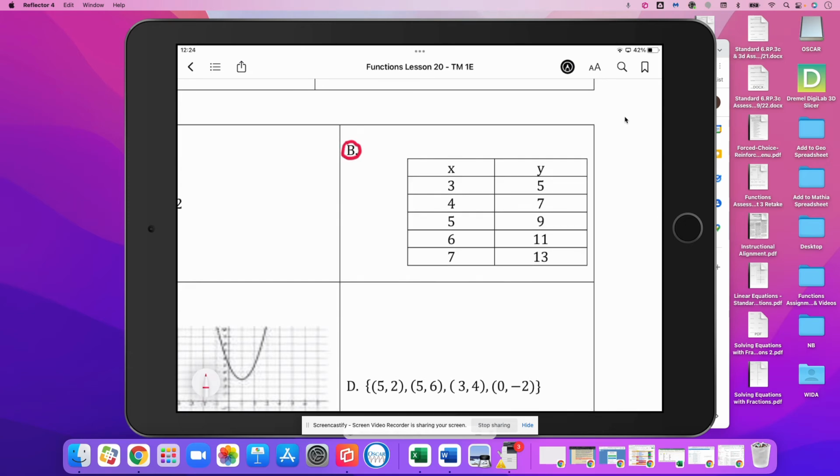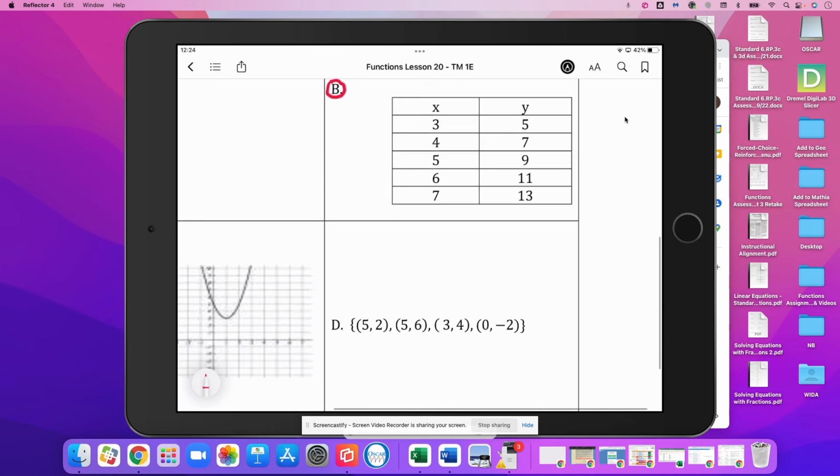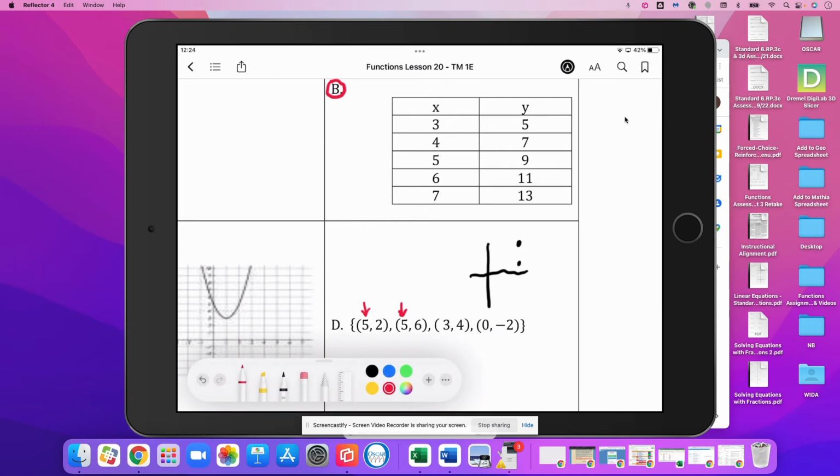That's a function. Here we have a 5, that's a repeat. I can stop right there because I would have a point at 5, 2 and a point at 5, 6. A vertical line would hit more than one point. So not a function.